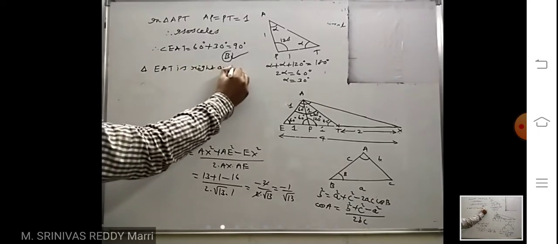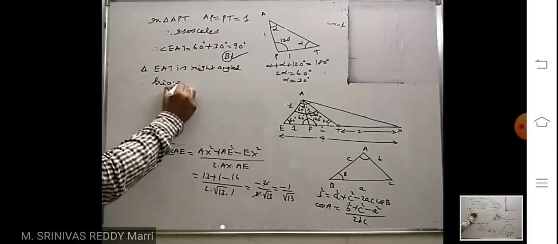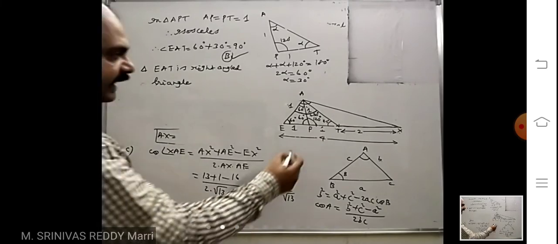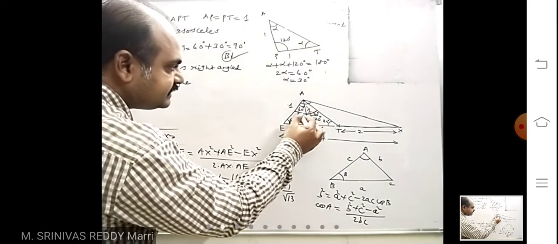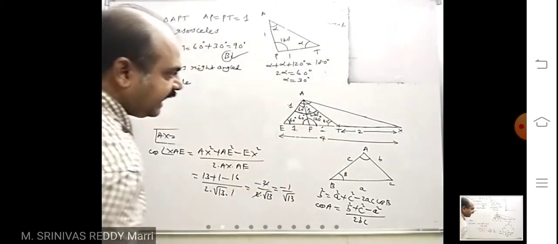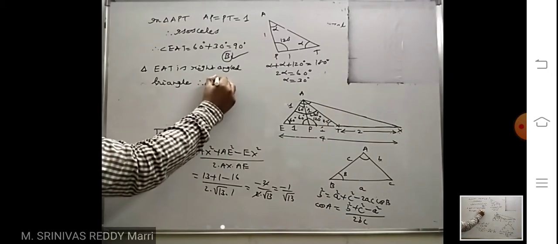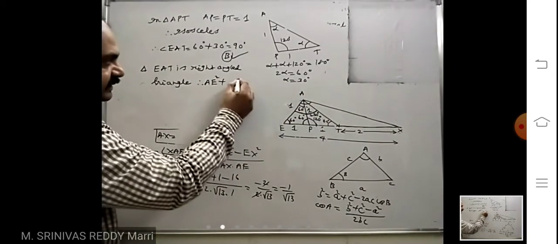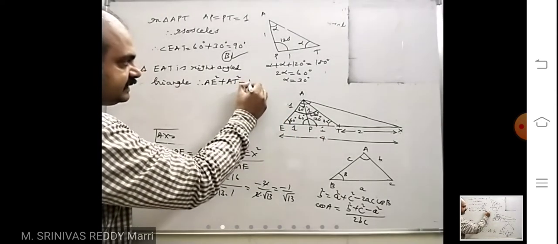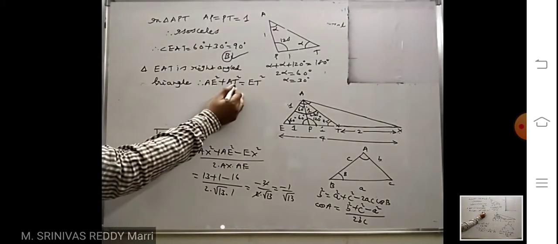Right angle triangle means this angle EAT is 90 degrees. So ET is the hypotenuse. Therefore, according to Pythagoras theorem, AE square plus AT square equals the hypotenuse ET square. So you have to calculate AT.